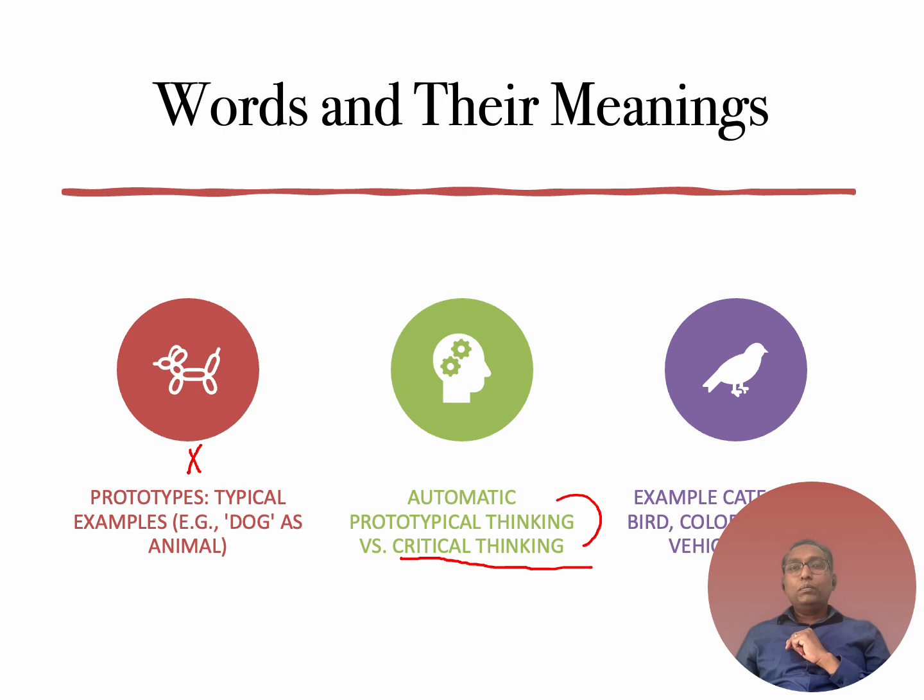But can we not make our critical thinking automatic? Yes, of course you can, but it'll take time where you have to deliberately learn ways to expand your typical examples for each category that you have. So when you have the wedding as one schema, try to expand it.